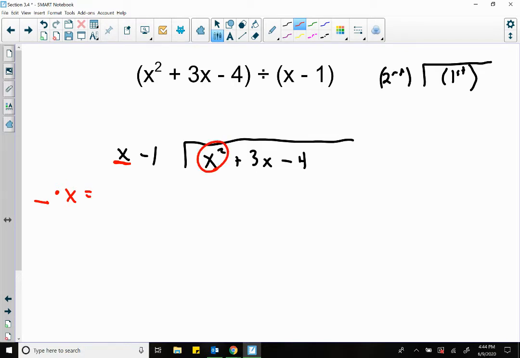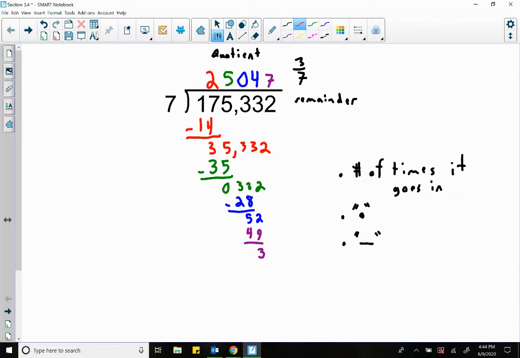This is the guy that we want to get rid of. Okay? And that's basically what we were asking, the number of times it goes in. What times 7 will give me a number that is either 17 or below it. That's the question you were asking. What times 7 will give me a number that is 17 or below?